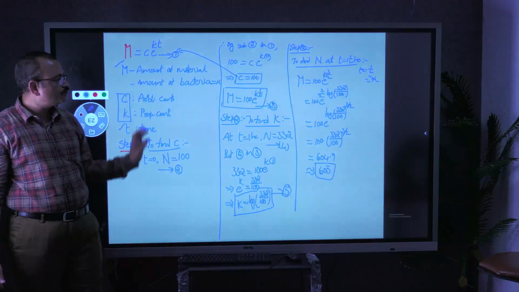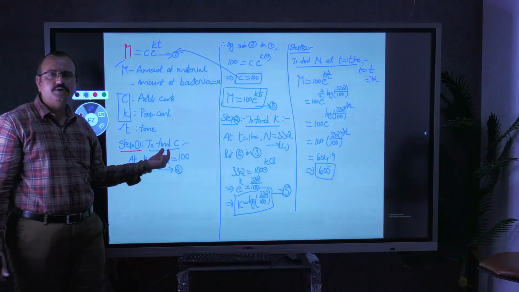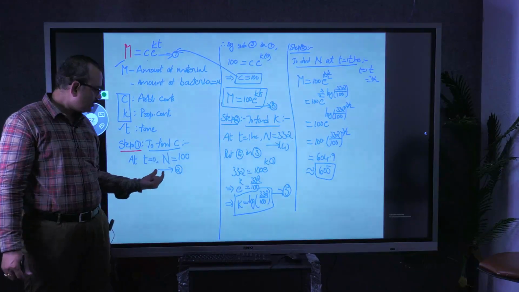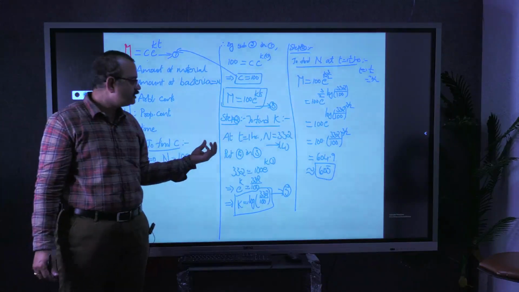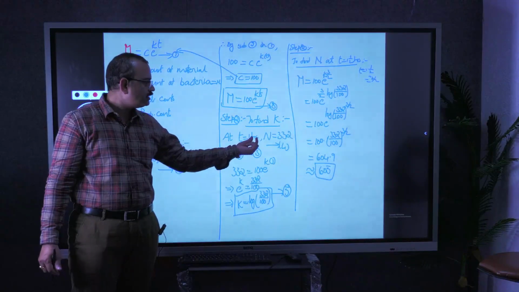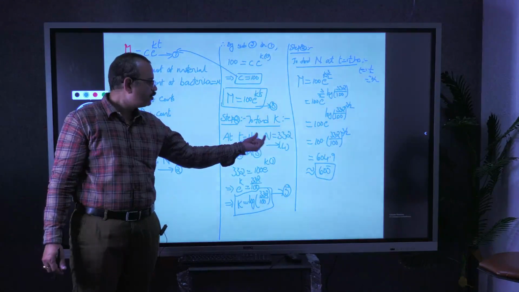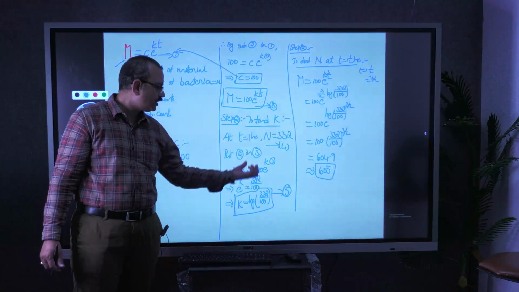We will do this problem in 3 steps. In step 1 we calculate the value of the arbitrary constant c by using the initial condition. Next, one more condition is given: in 1 hour it increased to 332. So in step 2, using that condition, we find the value of the proportionality constant k.